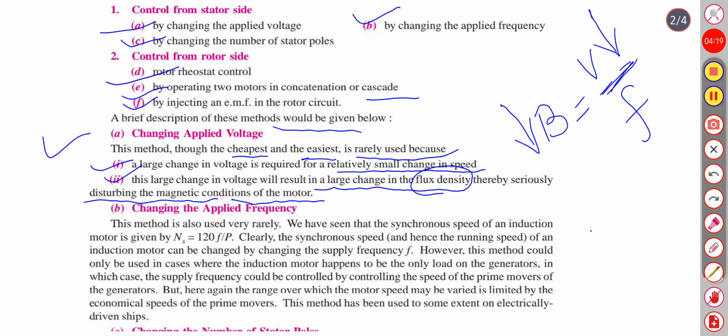Now the second method, changing the applied frequency. As you know, in the case of an induction motor, the speed Ns equals 120 f upon P. So the speed of an induction motor can be changed by changing the supply frequency.